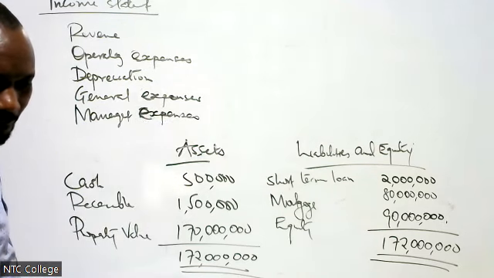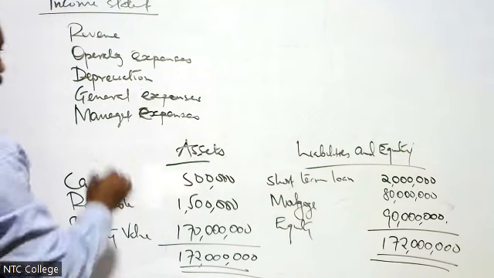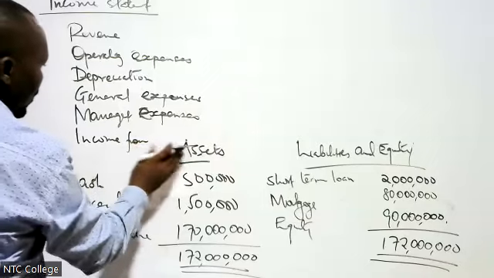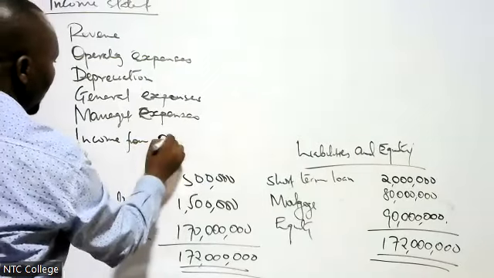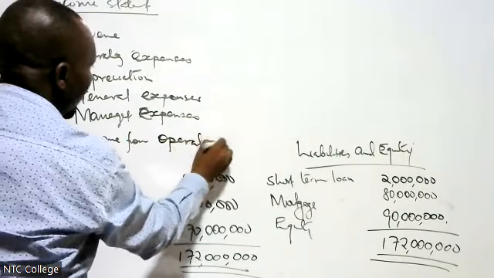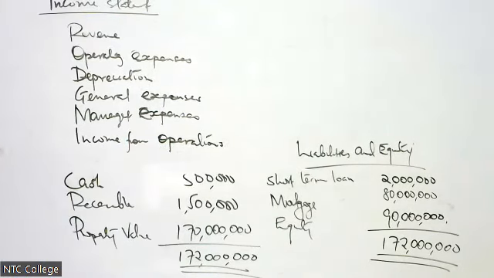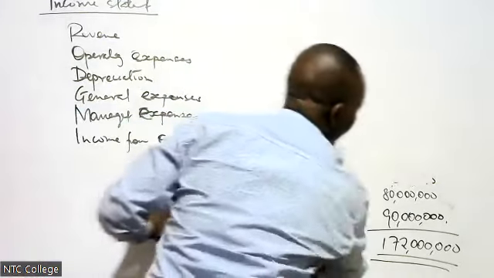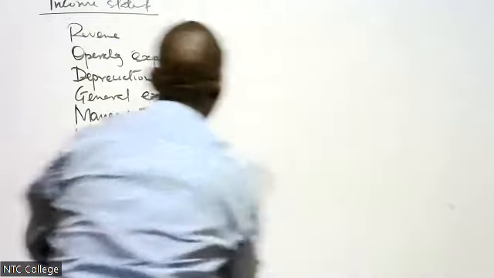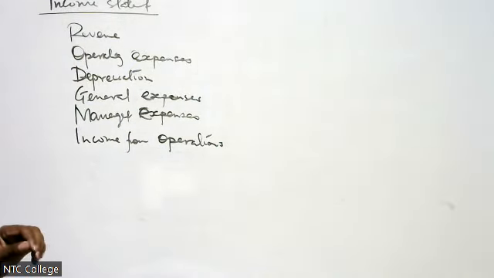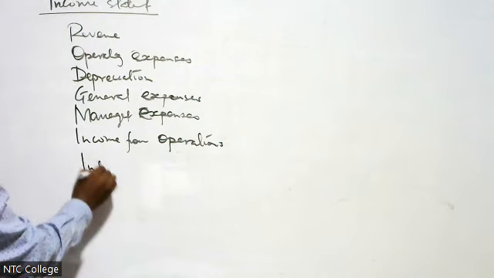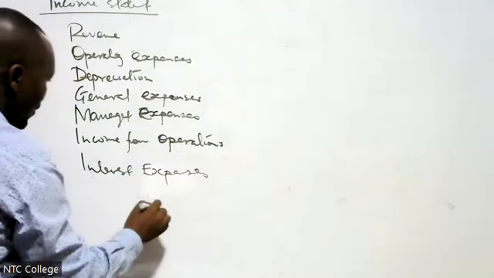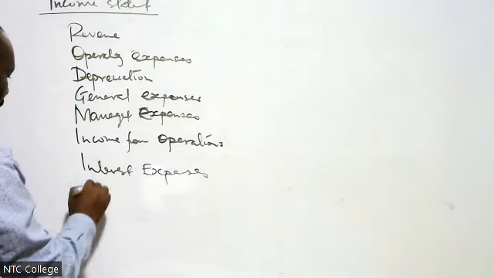We have income from operations. Interest expense. Then net income.